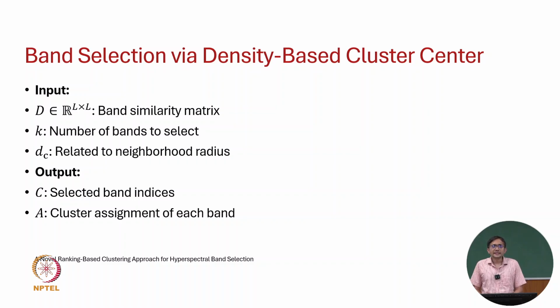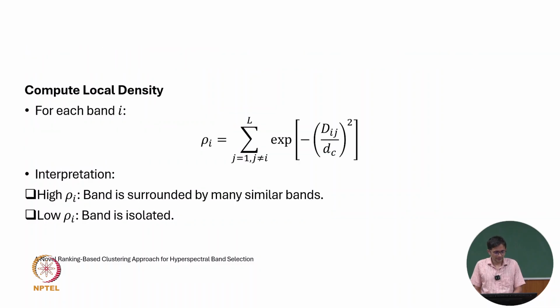Okay, so with this background information, let us think how to proceed. We'll start by computing something called local density. For each band i, this quantity rho i will be computed, okay? Which you see in the exponential, and then there is a negative. And here we say, let's not think so much about the DC, but here we have the Dij, right?